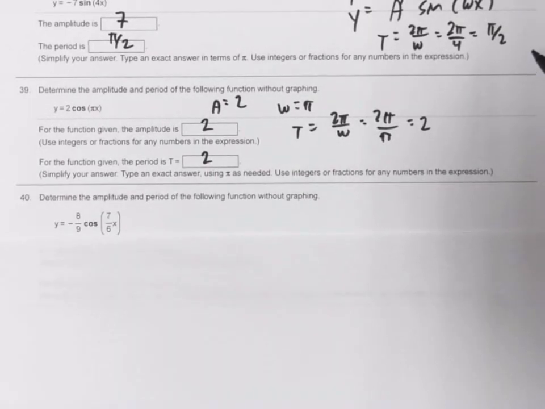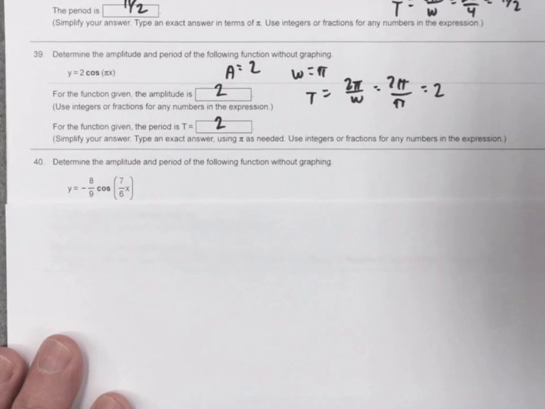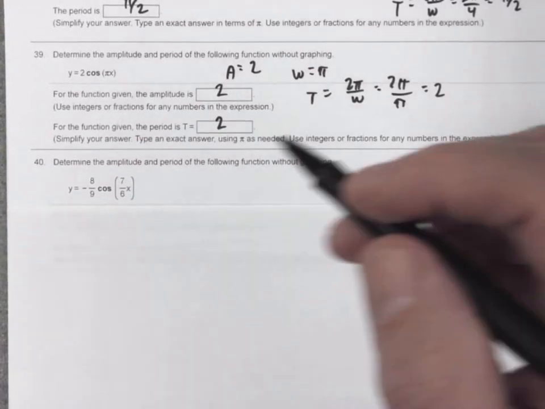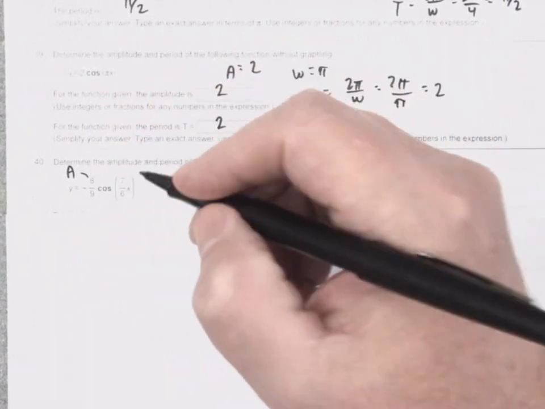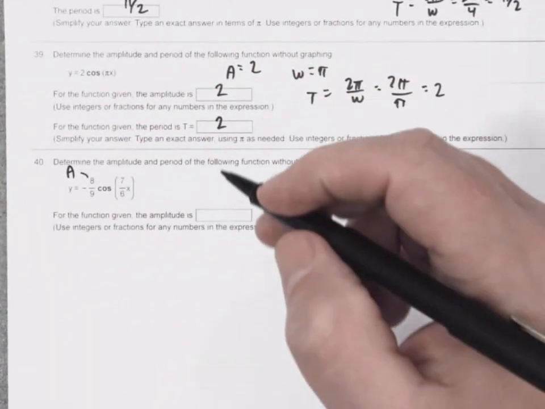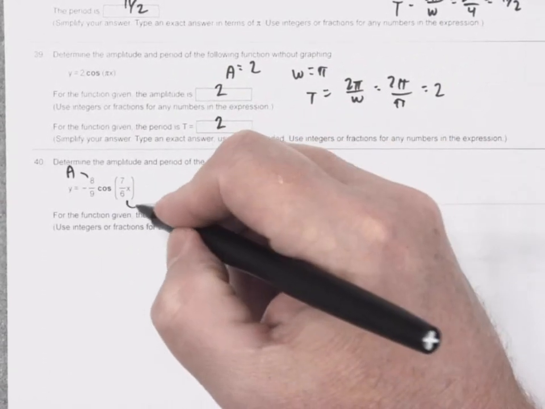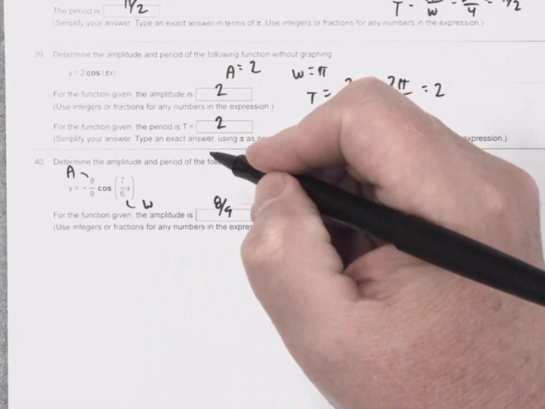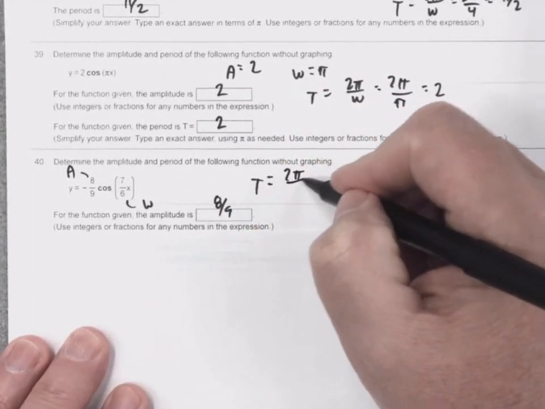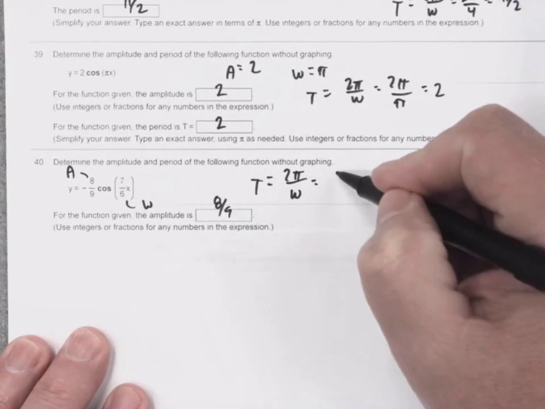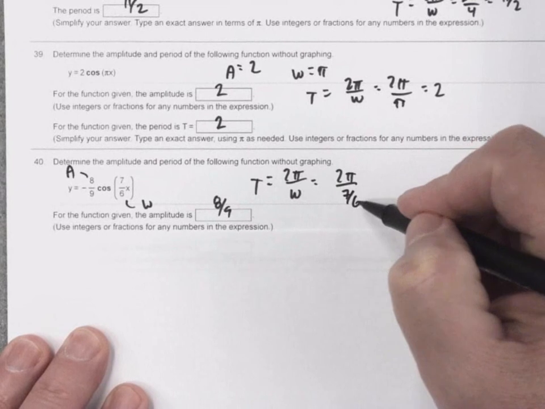Next one, -8/9 times cosine of 7/6 x. Once again, the amplitude is -8/9, or since the amplitude is never negative, we say 8/9. 7/6 is omega. Period is 2 pi over omega. 2 pi over 7/6.